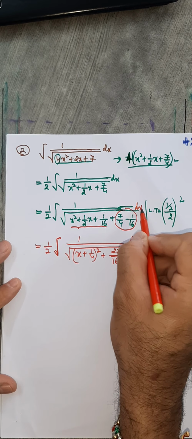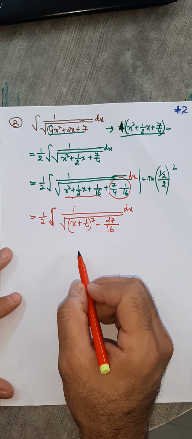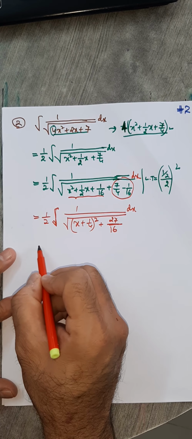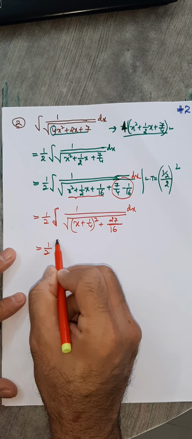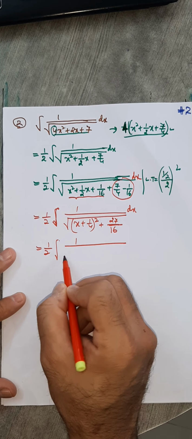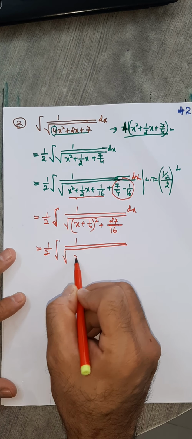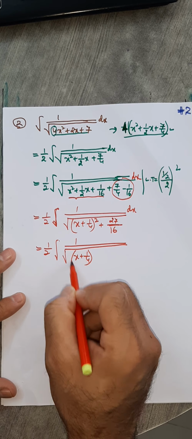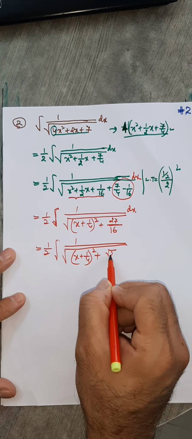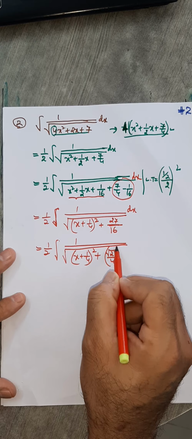Here also dx, remember. So finally you are getting like this. If I just rewrite, you can do it directly also, but let me write one more step: x plus 1 upon 4 the whole square, root 27 by 4 the whole square.